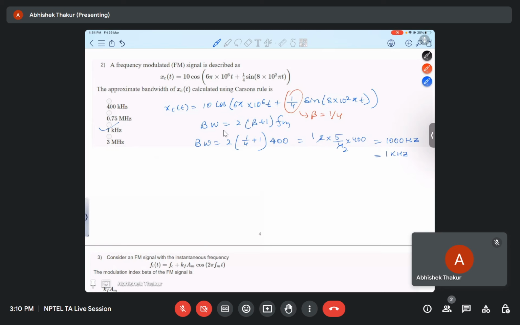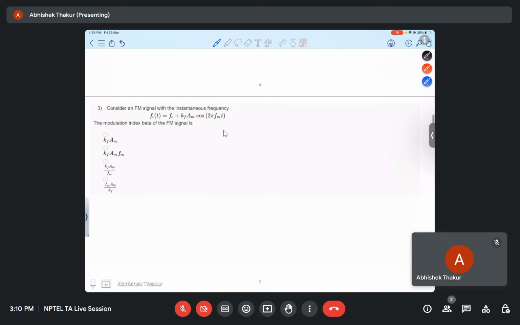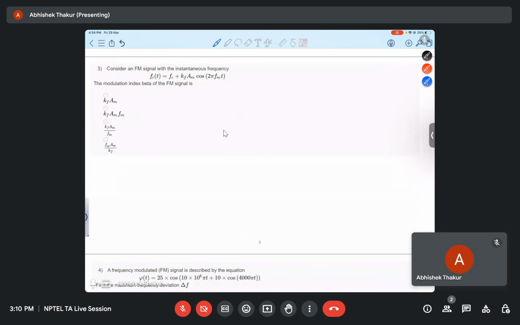Now we will move on to the third question. Consider an FM signal with the instantaneous frequency f i(t) equal to fc plus kf Am cos 2 pi fm t. The modulation index beta of the signal is?